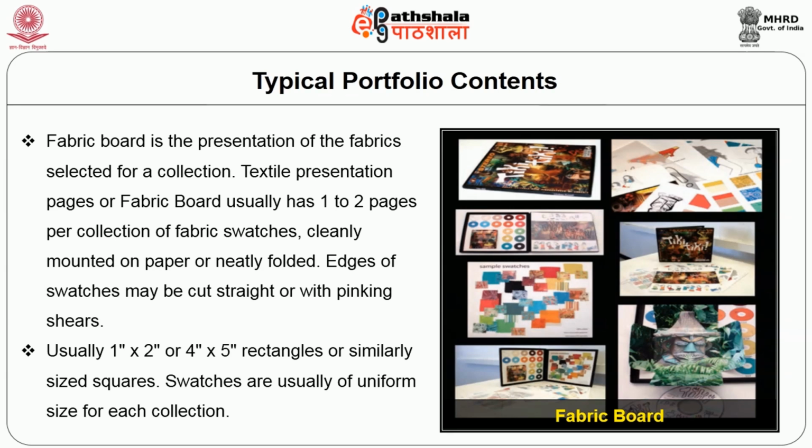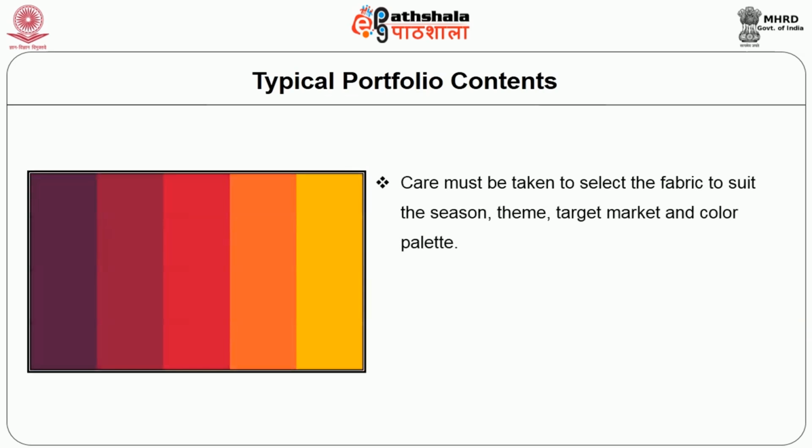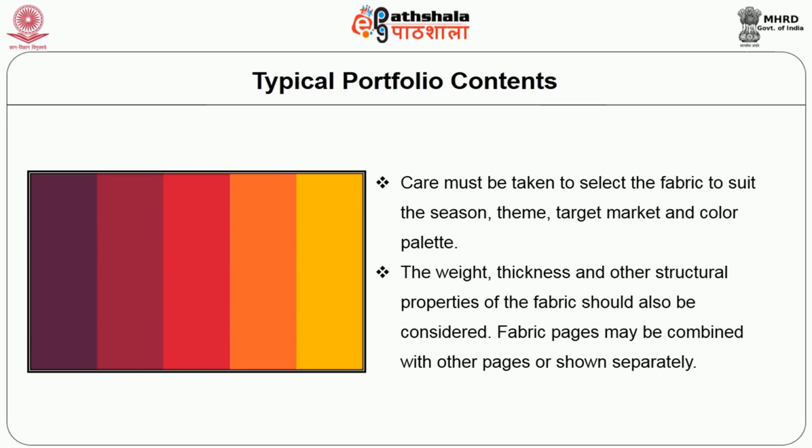Swatches are usually of uniform size for a collection. Care must be taken to select the right fabric to suit the season, theme, target market and color palette. The weight, thickness and other structural properties of the fabric should also be considered. Fabric pages may be combined with other pages or shown separately.